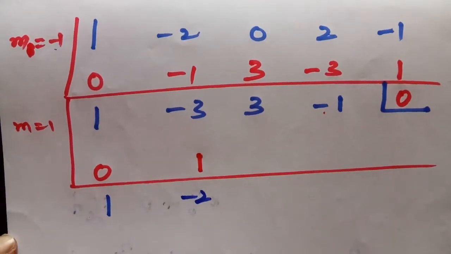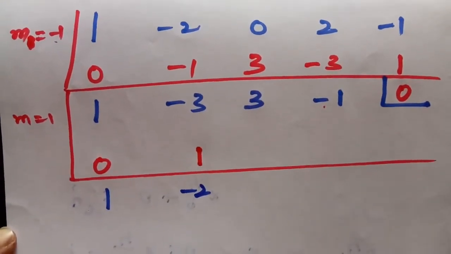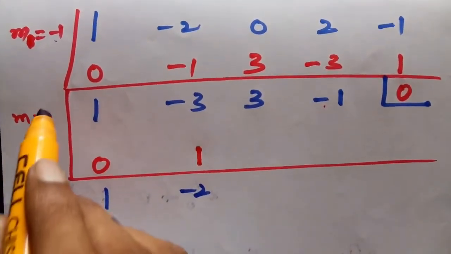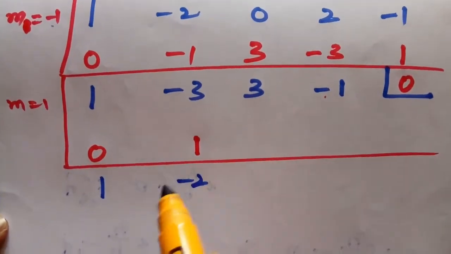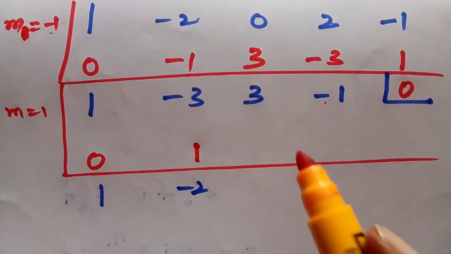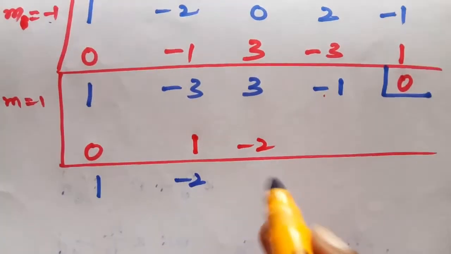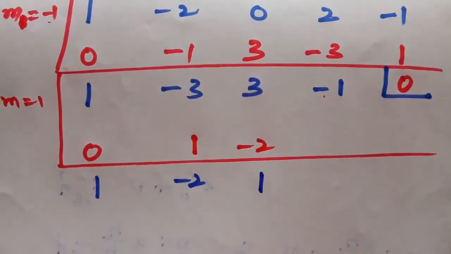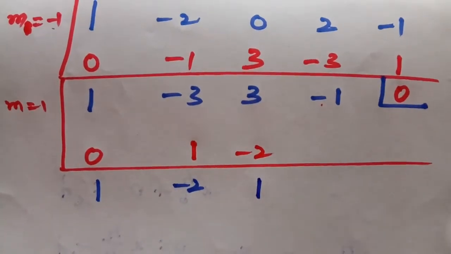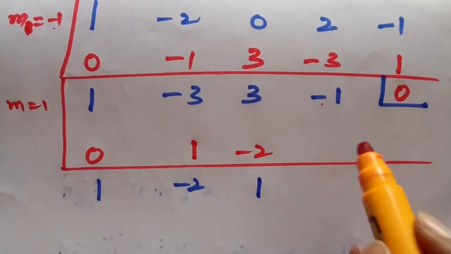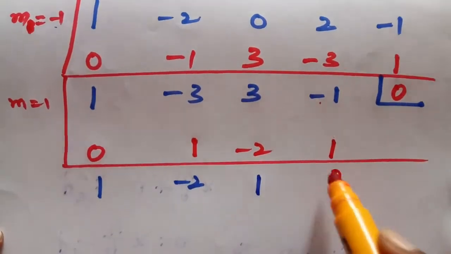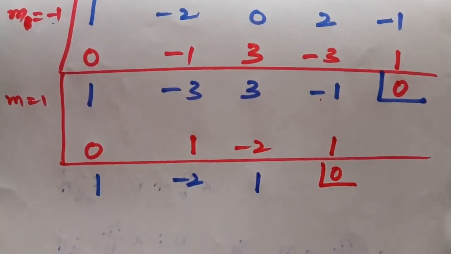In the ordinary division, we have to subtract, but in the synthetic division, we have to add. 1 into minus 2, that is minus 2. 3 minus 2, that is 1. 1 into 1, that is 1. Minus 1 plus 1, 0.